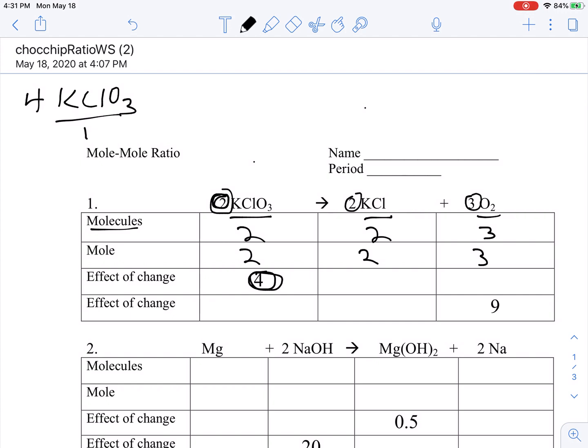Because we have this mole ratio, which is 2 potassium chlorate and 2 potassium chloride, we can set up a conversion factor here. The mole ratio between potassium chlorate and potassium chloride is 2 to 2. So you have 2 potassium chlorate for every 2 potassium chloride.